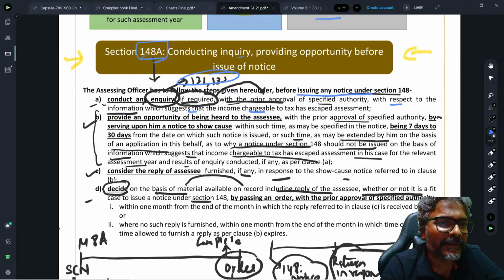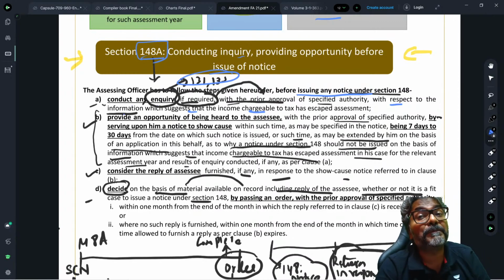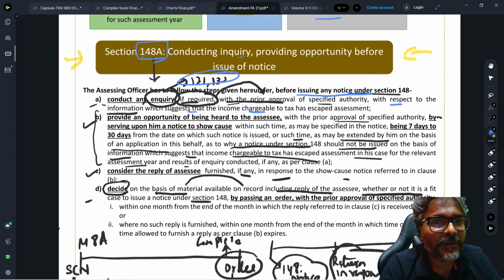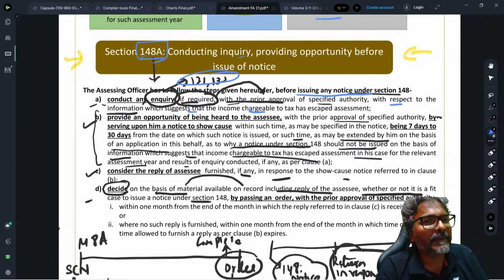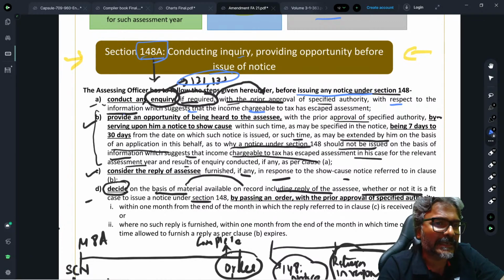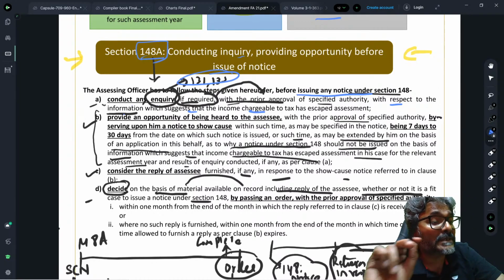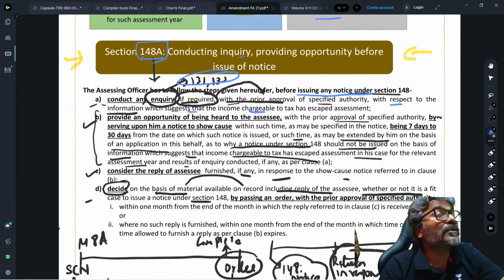Point number B, provide an opportunity of being heard to the assessee with the prior approval of the specified authority by serving upon him a show cause notice within such time as may be prescribed in the notice, being 7 days to 30 days. Now be careful here. What is this show cause notice all about?